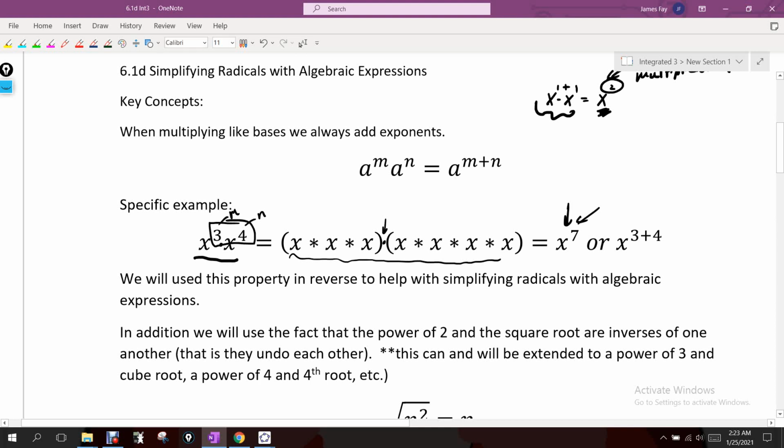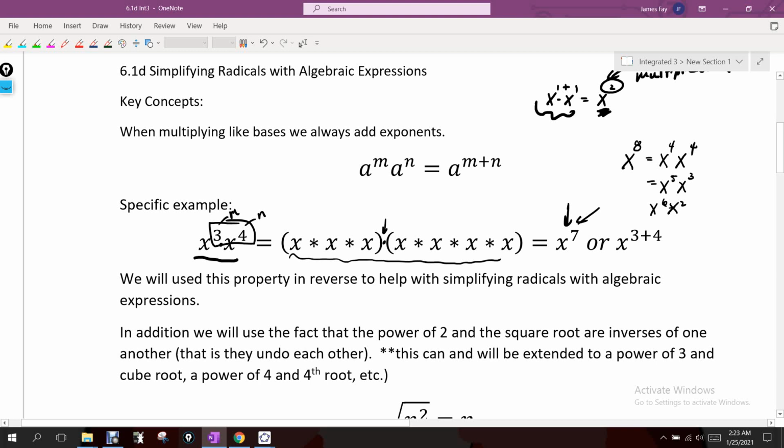What we're going to do then is say, if I had x to the 8th, there's a lot of different ways I could write x to the 8th. I could rewrite that as x to the 4th times x to the 4th, x to the 5th times x to the 3rd, or x to the 6th times x to the 2nd.